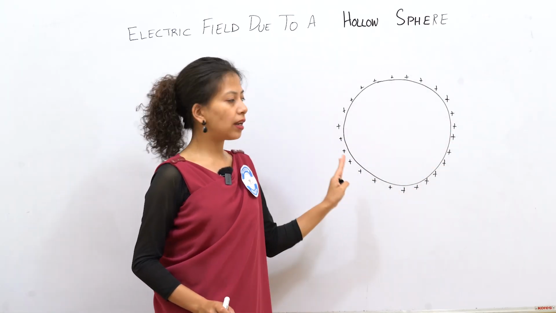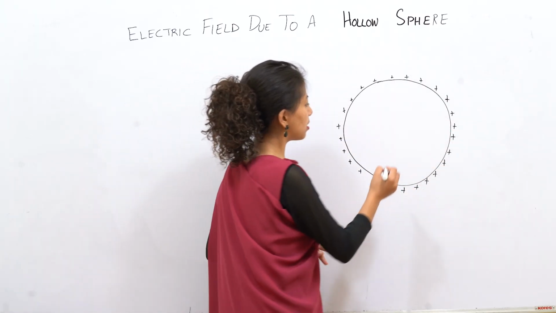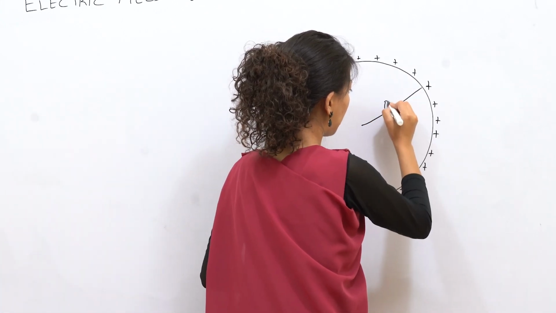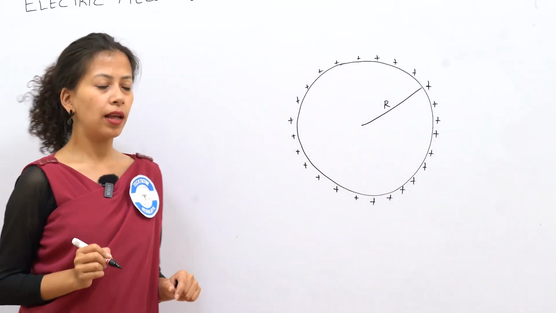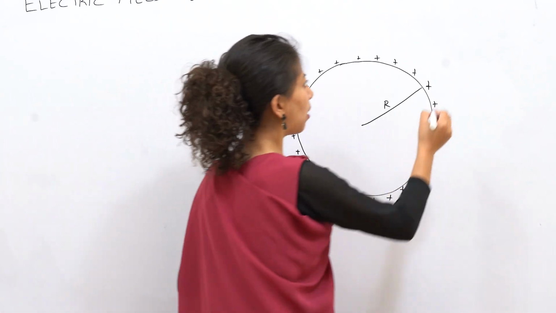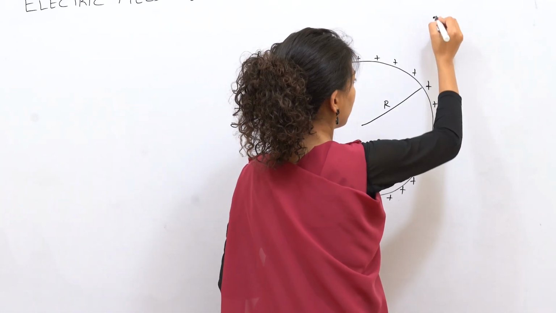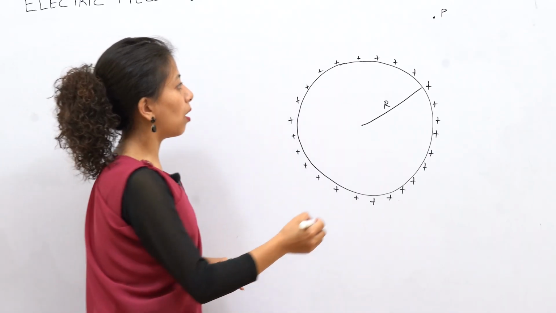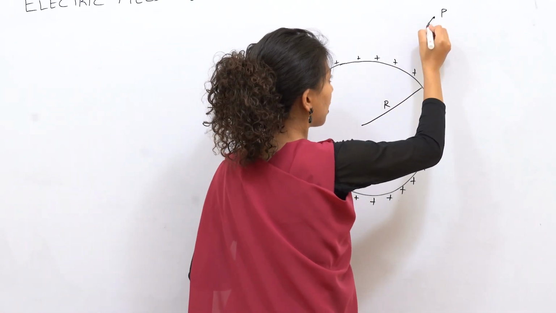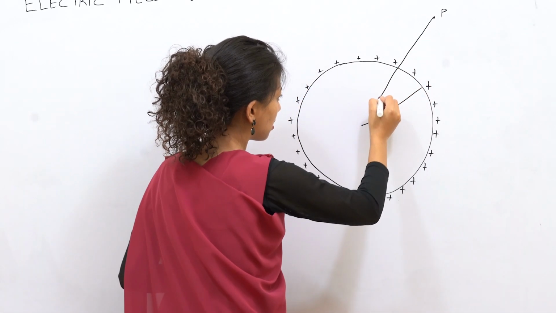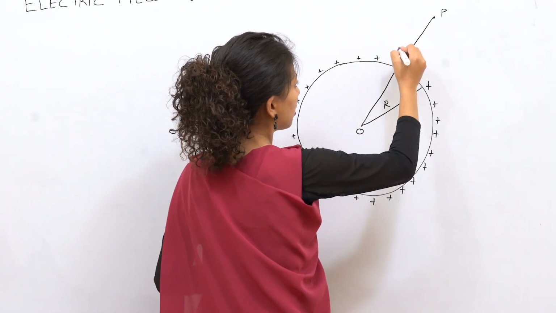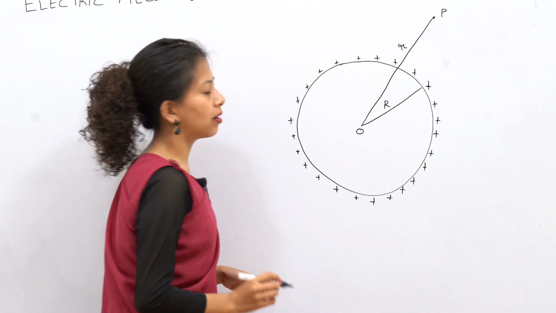The radius is capital R. This is my point P, at a distance small r from the center of the sphere. Let me name the center O.